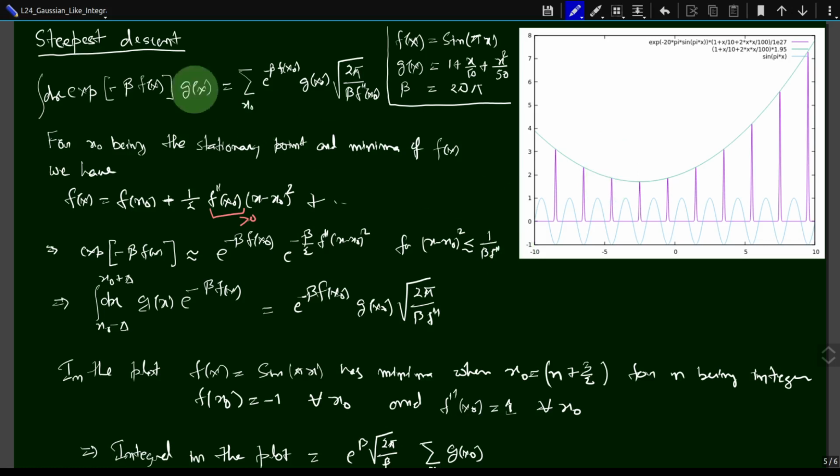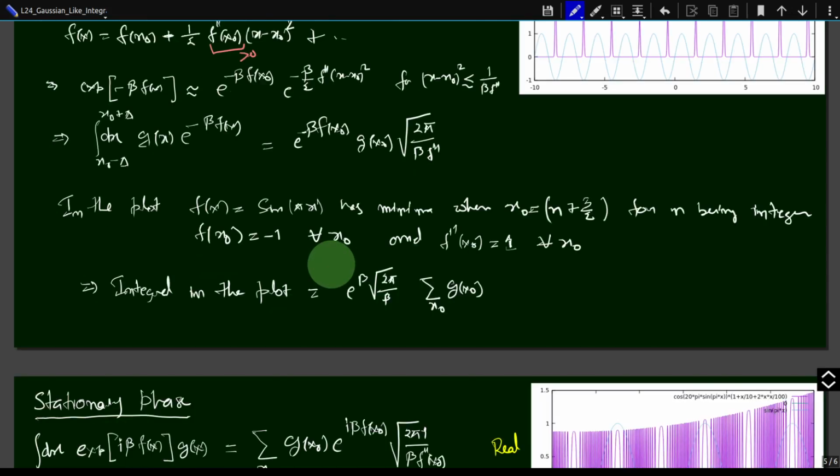Here we have chosen a function which has many minima, but ideally Hamiltonians and all these things, systems usually have one minimum. And in case there's a system which has several minima with different configurations, then all of them would contribute, much like here. That's why the sum over all minima is there.